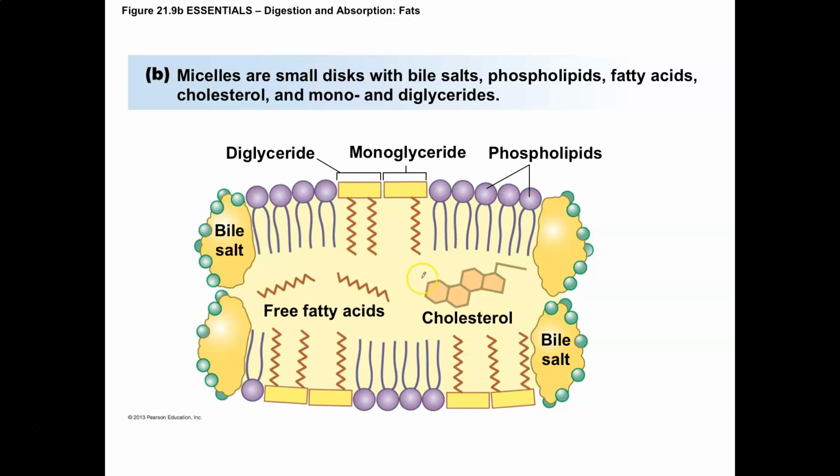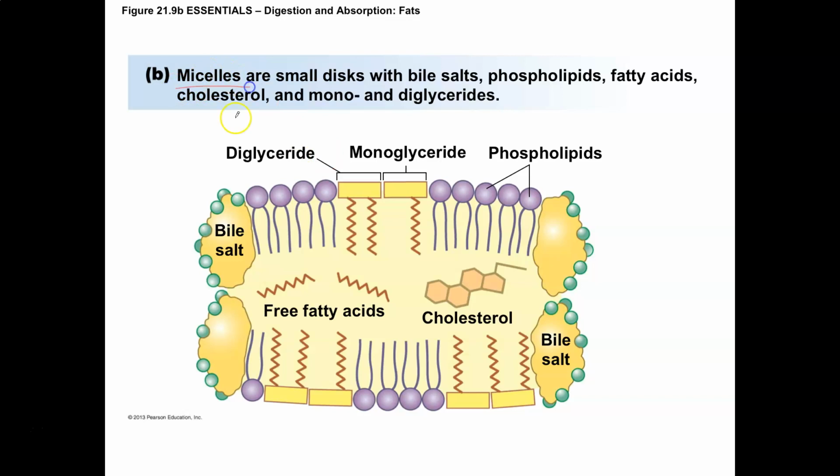So once you create those smaller lipid droplets, then you can have colipase and lipase come from the pancreas, being dumped into the small intestine, and it's going to aid in the digestion of the fats that have formed in this smaller lipid droplet, and you're going to create this micelle structure. And so this is what we're looking at here.